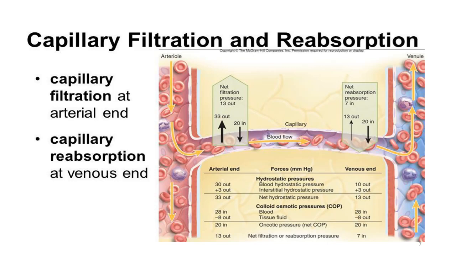And the difference of pressures and the fluids is very important. In the arterial end, for a 30 millimeter mercury difference, we have 16 milliliter of blood from the capillary into the interstitial fluid, and in the venous end, for 7 millimeter mercury, we have 40 milliliter of blood or fluids back from the interstitial fluid into the capillary.